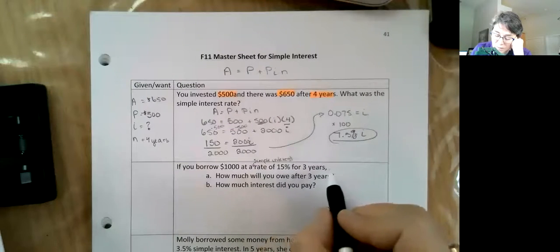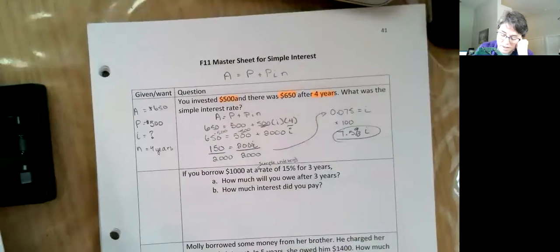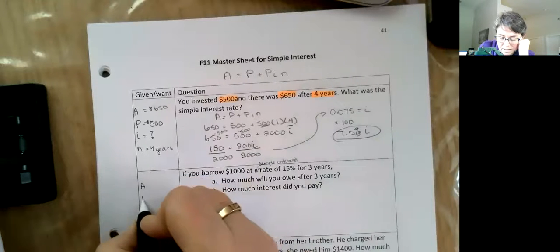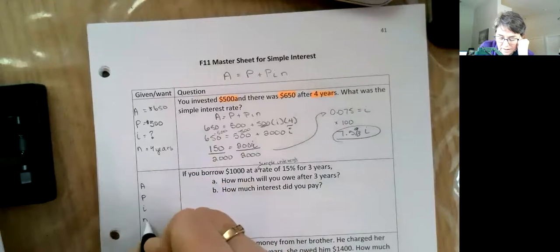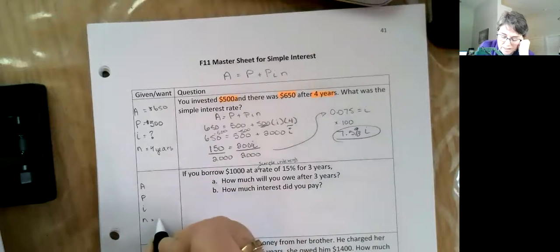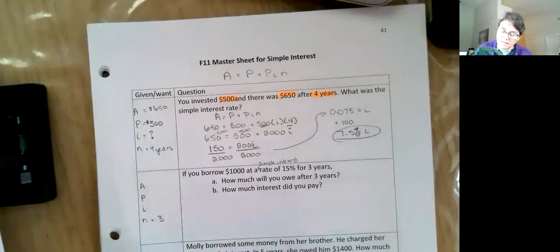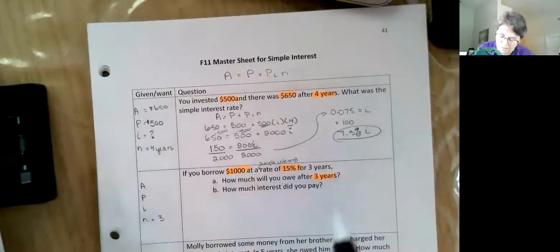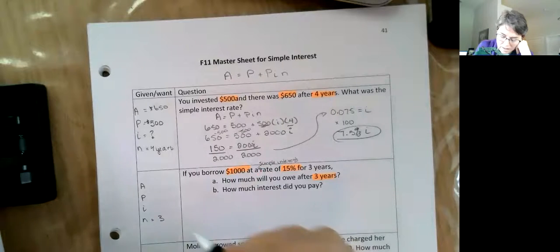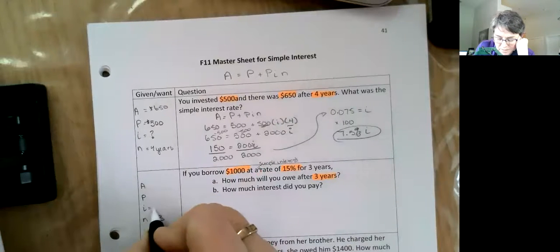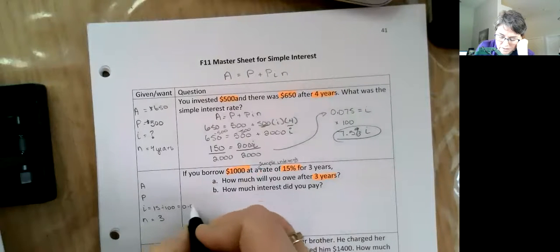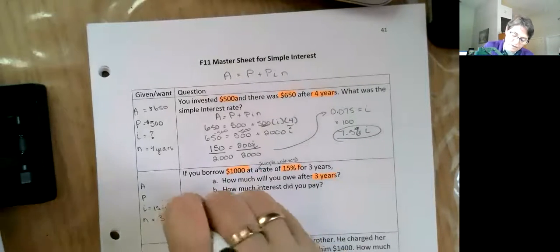So A, P, I, N. I know my N is 3 years. We had interest of 15%, so that's going to be 15 divided by 100, which is 0.15.